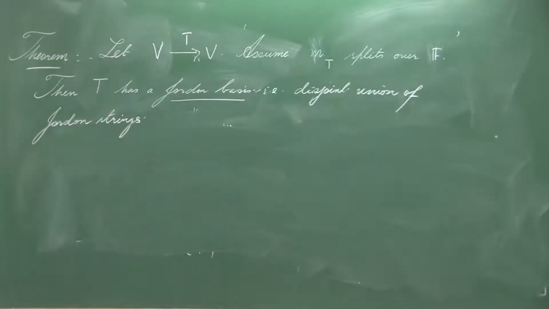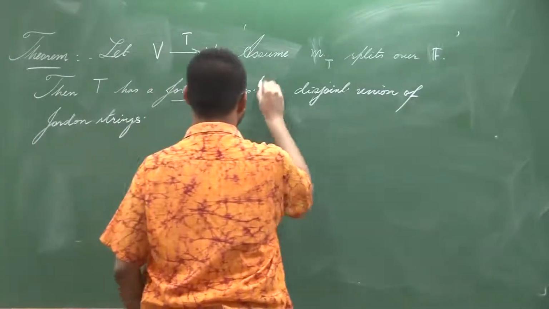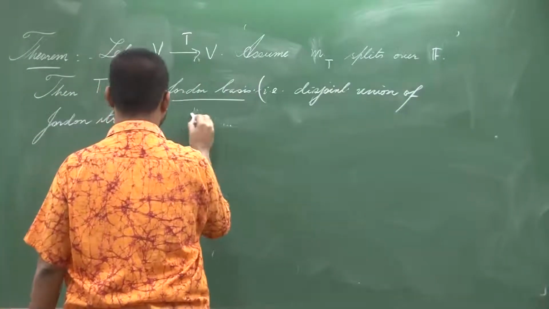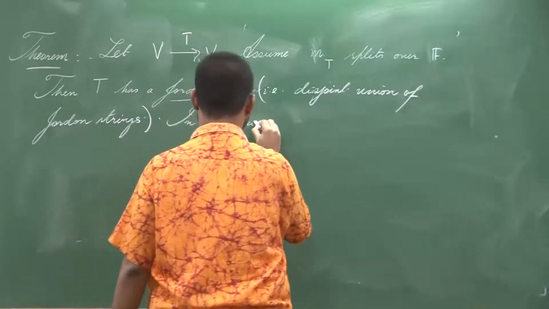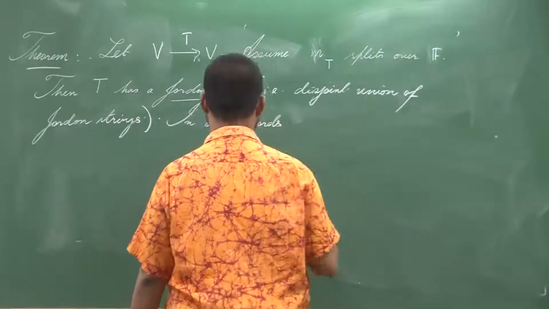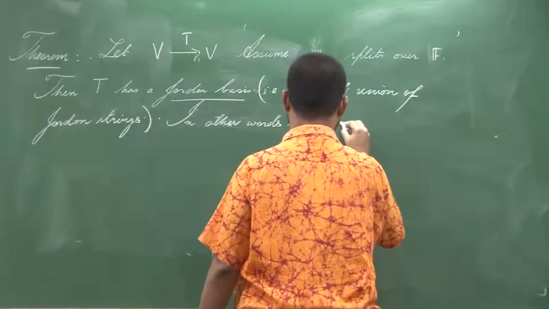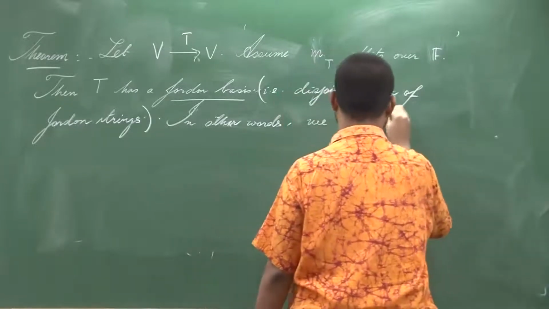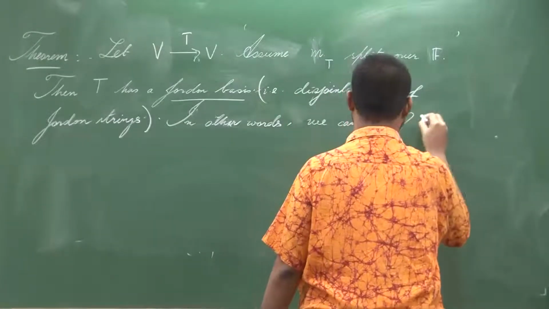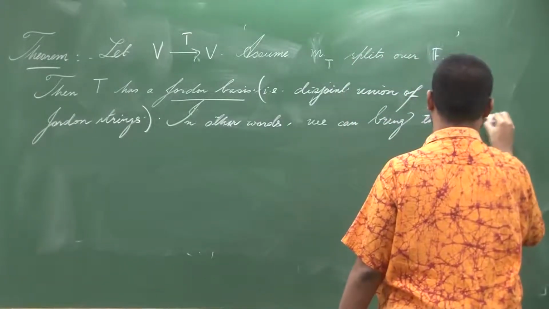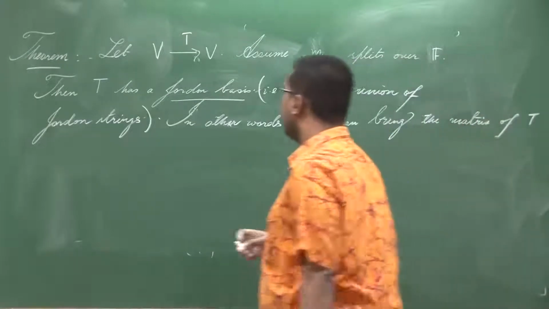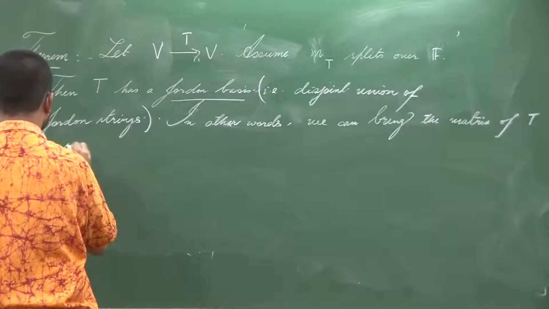Try to understand, even for a general operator, by a Jordan basis I mean a basis which is the disjoint union of some Jordan strings. So a Jordan basis means a union of strings such that, or in other words, we have a basis in which we can bring the matrix of T into the following form.